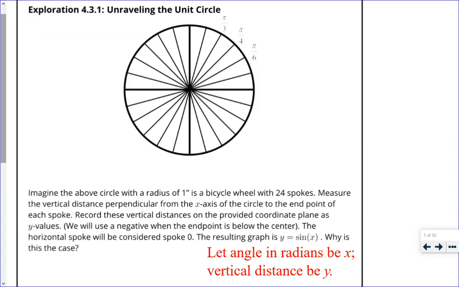Okay, so we're going to call this spoke number 0, and because it's 0, the angle is 0 too. By the way, before I go any further, it's important to note the angles we're going to be talking about are exclusively in radians. We are not going to be talking about degree measurements at all when we're doing the graphing of trig functions. So only in radians.